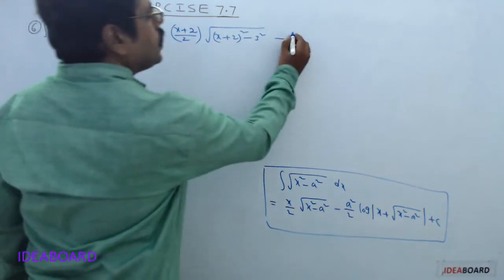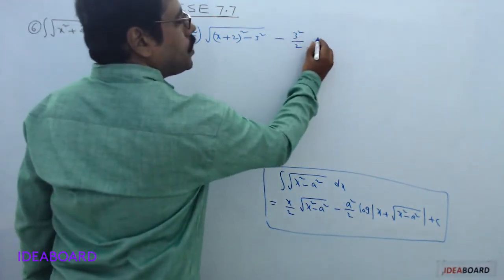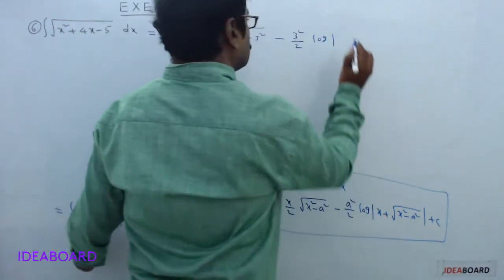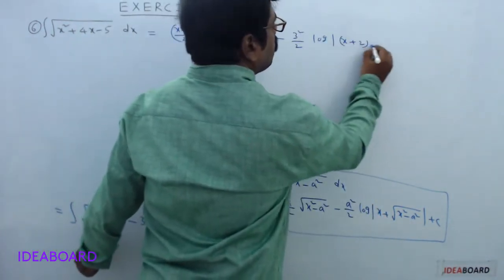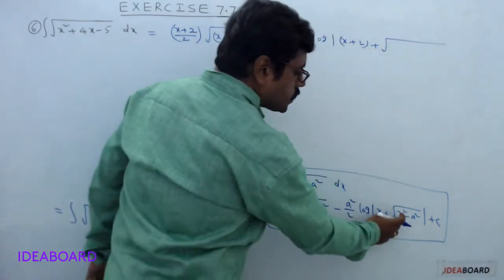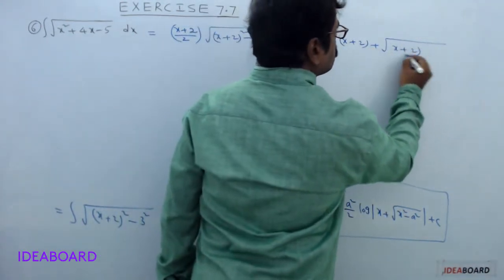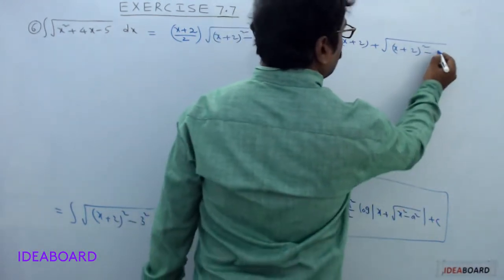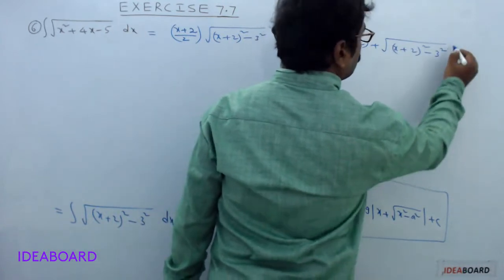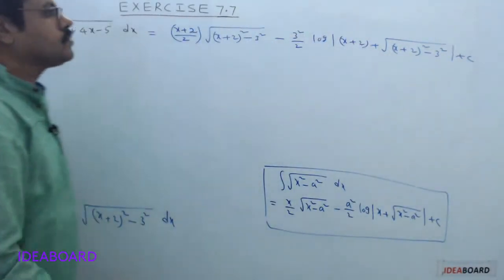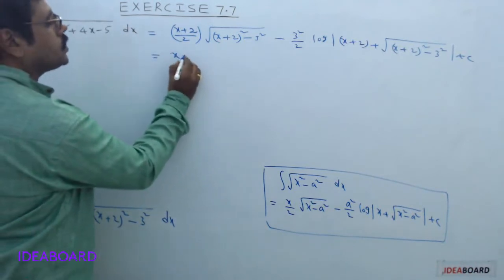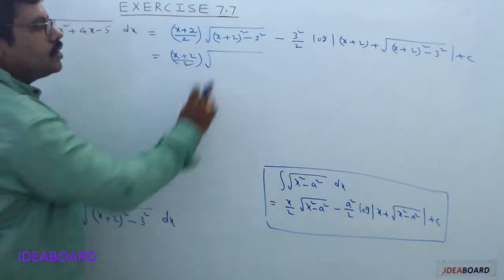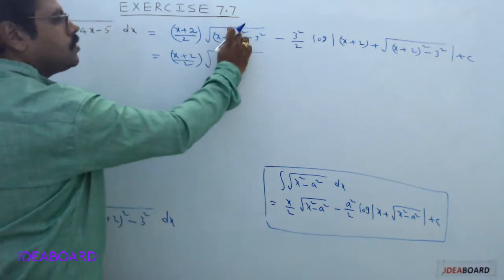Your a value is 3, so it is 3²/2 into log mod of x, your x value is x plus 2, plus square root of (x+2)² minus a², your a value is 3, so 3², plus c. Now it is (x+2)/2 into square root of, simplify this term, (a+b)² form.